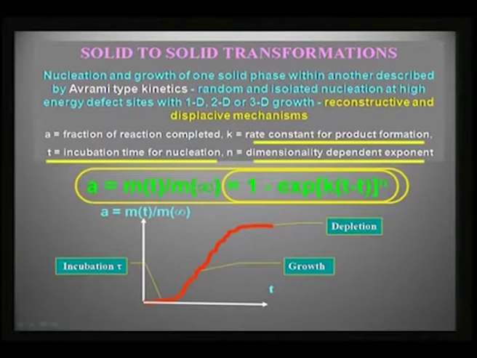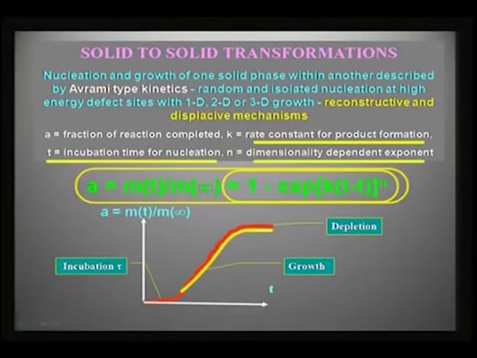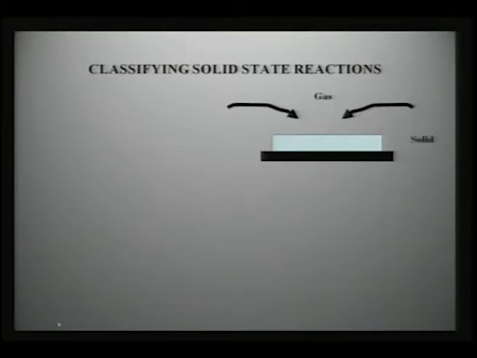So, in the initial phase you will see that the conversion is very slow, which we call incubation, determined by tau, and then there is a phase where the growth of this solid state phase is occurring, which is in this plateau, and then once the reaction is complete it goes through a depletion time. So, this can be equated to the Avrami kinetics, and in solid state synthesis one can effectively study the kinetic parameters, and the growth can be monitored.